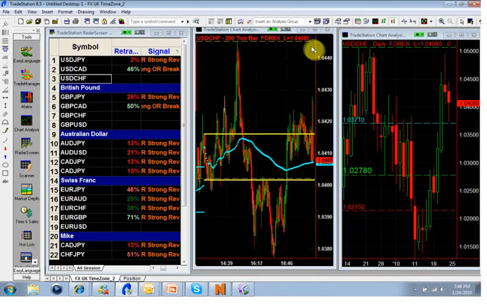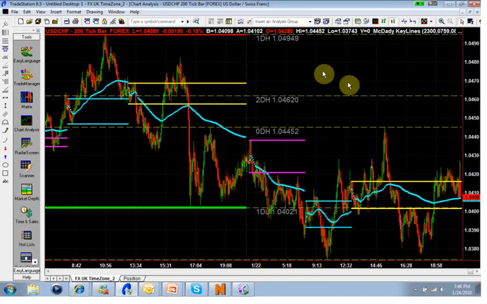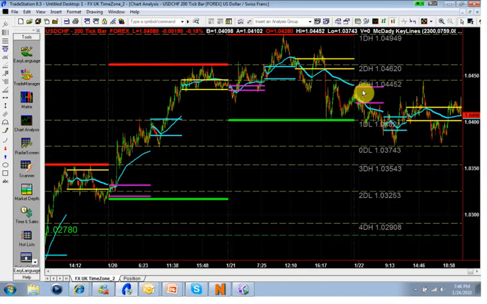So we are basically looking to go long the dollar Swiss. And we were going to try to pinpoint our entry. So looking at this, the first thing is that we want to be buyers to the long side. We want to be buyers of the dollar Swiss.